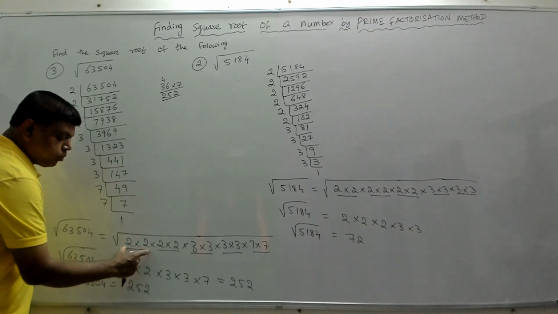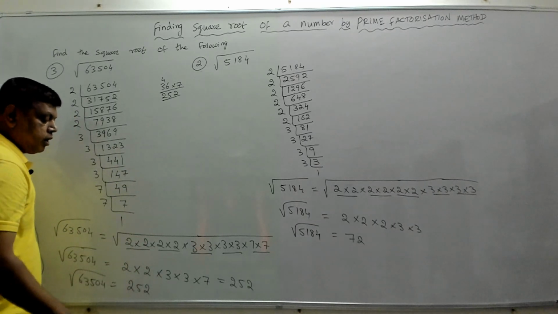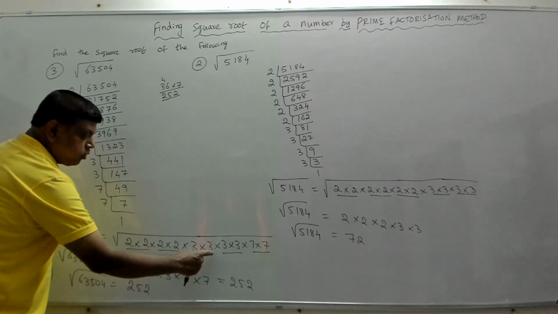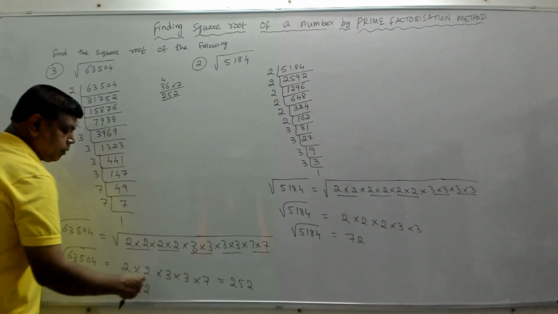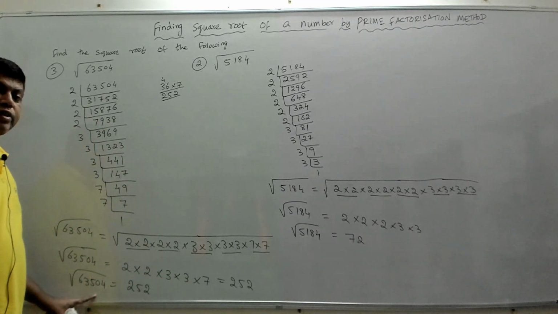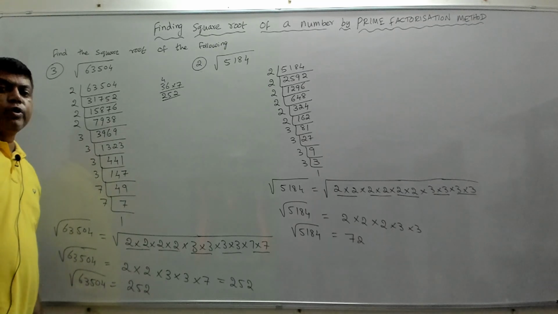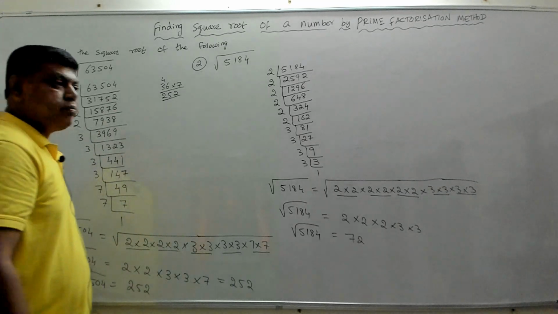To remove the square root, we write for every pair only one number, then the square root will go. Then multiply all that, you get 252. So the square root of 63504 is 252, which means if you do 252 into 252, you will get 63504.